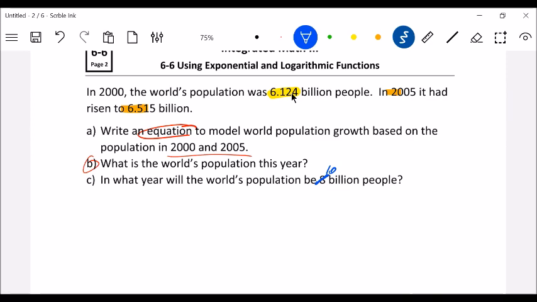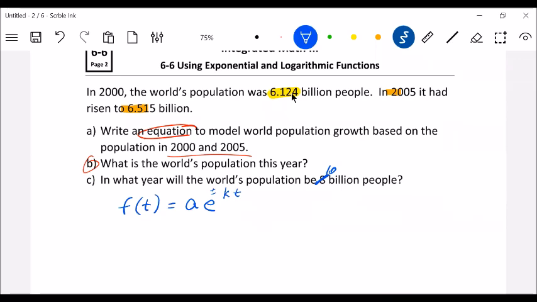We're going to use the function based on time is equal to the original amount, or an amount at a certain date, times e to the kt. And it's a plus or minus kt.